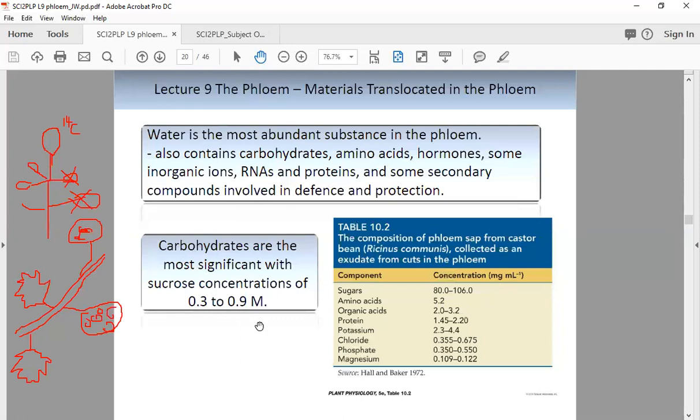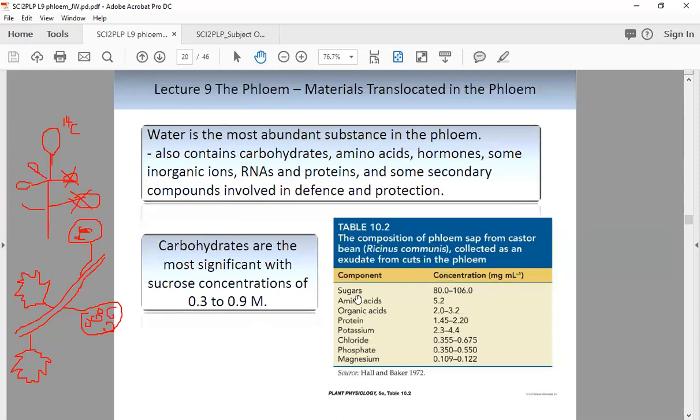Even though we always talk about sucrose because it's present in the highest amount, an incredible number of different types of sugars are transported in the phloem. I must find a study that was done years ago. They were present in minute quantities, but it was amazing to see all these different types of sugars.